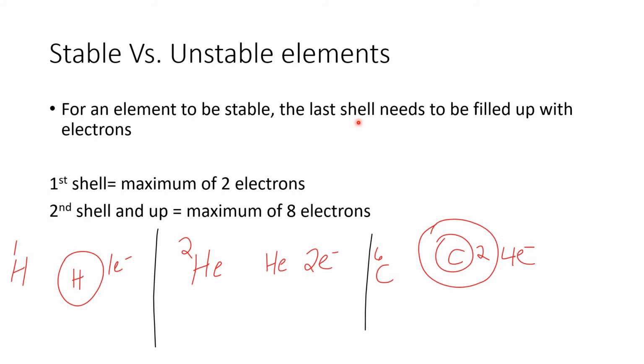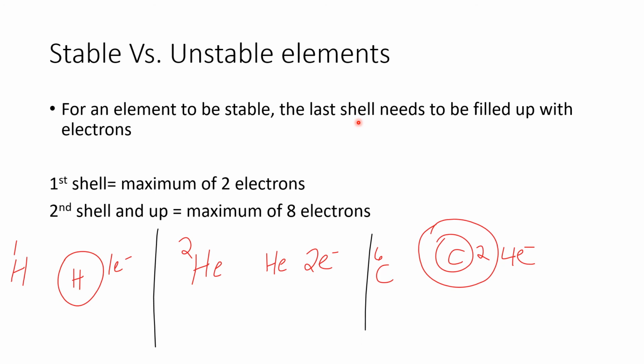And so that would mean that those elements are unstable. What does that mean? It means that you will not find unstable elements on their own in nature. You will find them bound to other elements.